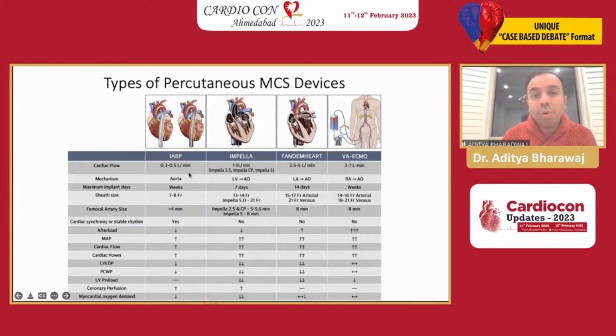So balloon pump only modestly increases the cardiac output, at best maybe about half a liter per minute, as compared to Impella, where, depending on what type of Impella catheter you use, most commonly we use Impella CP, which is the one that is implanted in the Cath lab for cardiogenic shock, and that improves the cardiac output by about 3.5 to 4 liters per minute. There are also the surgically implanted Impella devices such as 5.0 and 5.5, which I'll touch upon in a little bit, which provide a greater cardiac output of up to 6 liters per minute.